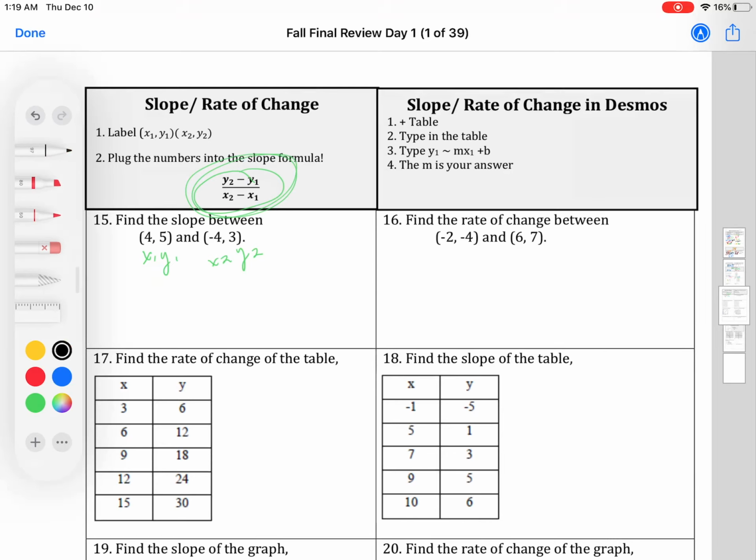The slope formula says y2 minus y1 over x2 minus x1. 3 minus 5 is the number negative 1. No, it's not. It's negative 2. Negative 4 minus 4 is the number negative 8. Negative 2 over negative 8 is the final answer, but we can simplify it. A negative divided by a negative makes a positive. A 2 over an 8 can reduce, cut them both in half, and you get 1/4. So the correct answer for number 15 is that my slope is 1 over 4.